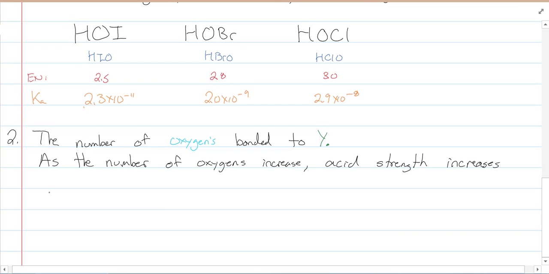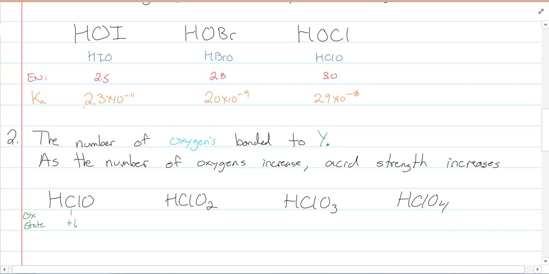Examples: HClO, HClO2, HClO3, HClO4. Hypochlorous acid all the way to perchloric acid. The oxidation state of chlorine is +1, +3, +5, +7.